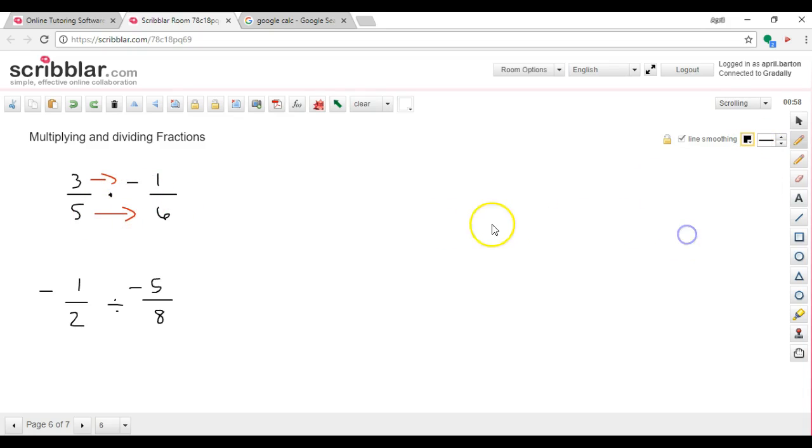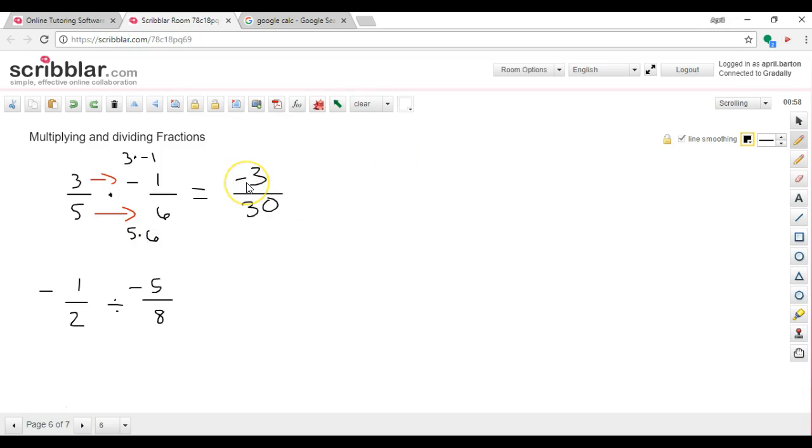We don't have to worry about common denominators. We don't have to make any changes. We can just go straight to multiplying. So 3 multiplied by -1 is -3, and 5 multiplied by 6 is 30. So we just multiplied each set individually.